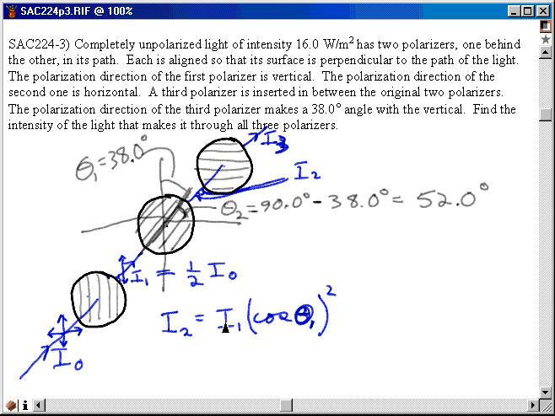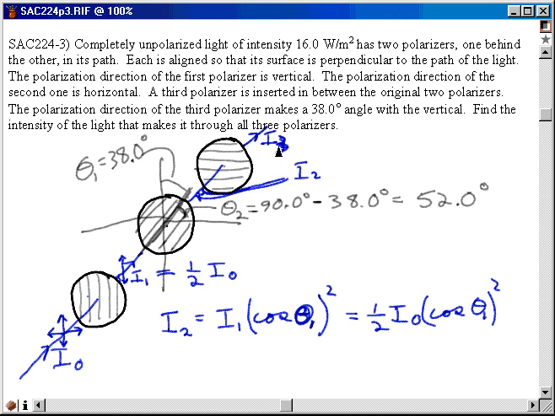And of course I1 itself is 1/2 I0, so I can write that as I2 is 1/2 I0 times the cosine of what I call theta 1 squared.